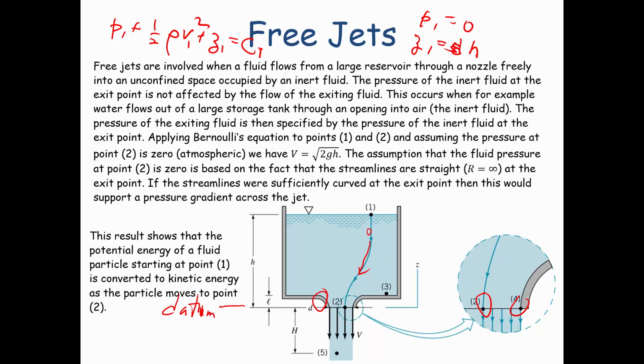And of course, the tank is considered to be very large relative to the size of the opening. So we can say that V1, the velocity of the fluid at point 1, is approximately equal to 0.